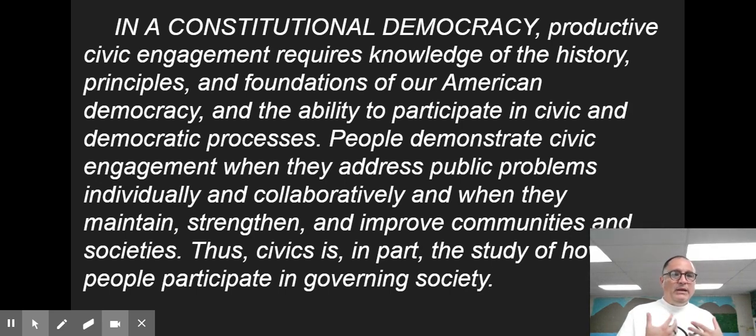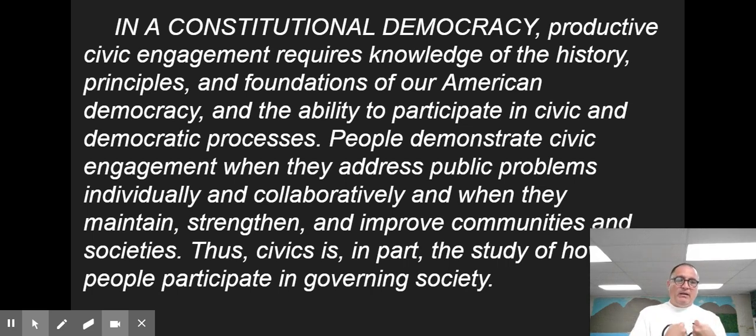We only demonstrate that when we engage in addressing public problems, whether we do that by ourselves or collaboratively. And here is another really good point: some things are good to do individually. Others, it's really good to do collaboratively, and it can be more powerful collaboratively.